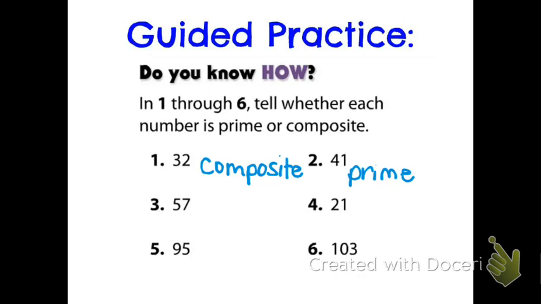Are there any other numbers that can be multiplied together to get the number 57? Sometimes if I'm not sure if the number is prime or composite, I might have to actually double check. And so you might have to take 57 and divide it by, well, it's not even, so I know it can't be divided by 2. So I might go ahead and divide by 3 and see if that works. And it does, so I have that number as a composite number.